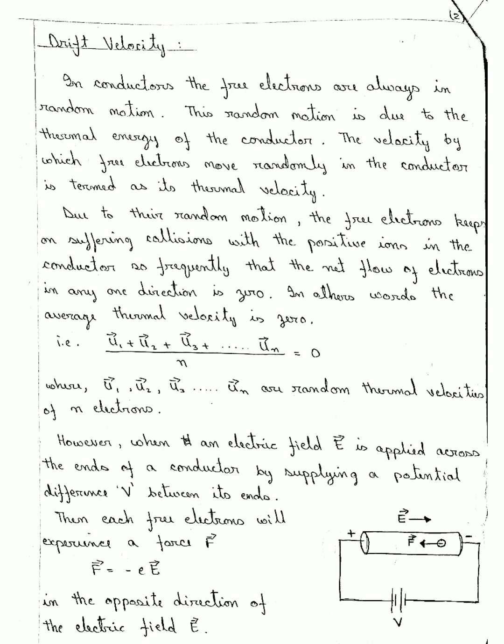From this formula we know that since electrons are negatively charged, they will be attracted towards the positive end of the conductor, while the electric field is in the opposite direction, from positive to negative. Hence the force experienced by the free electrons is opposite to the direction of the electric field.